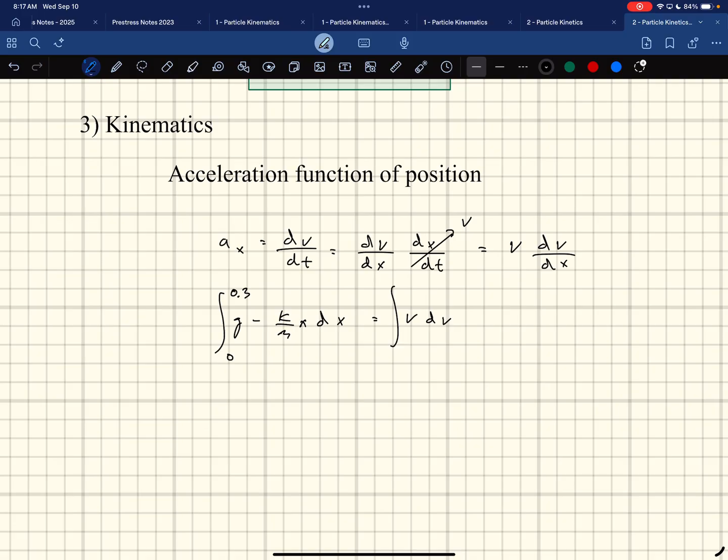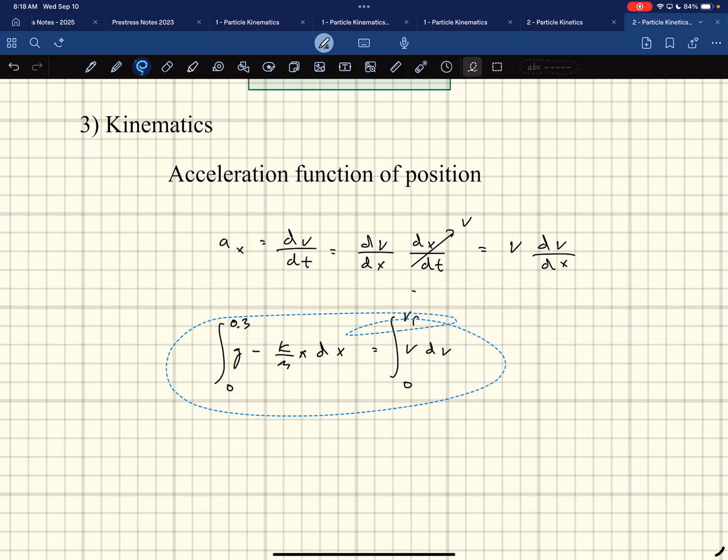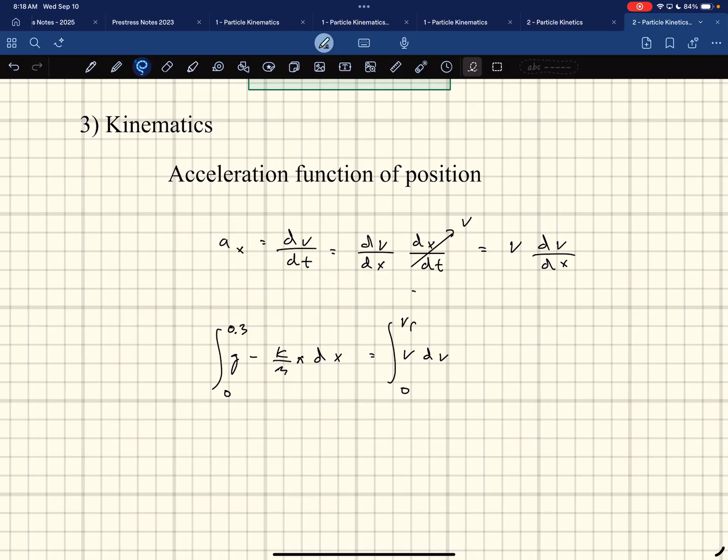I could just put in an x right here and leave that value out, and then I get velocity as a function of x, and then I can put in my x later, or I can put it in right now. In this case, I can put it in right now. And this is going from 0 velocity to VF. And that's what I'm after, that VF.